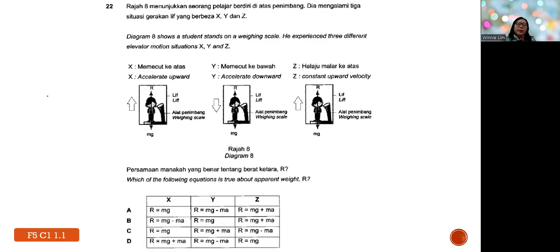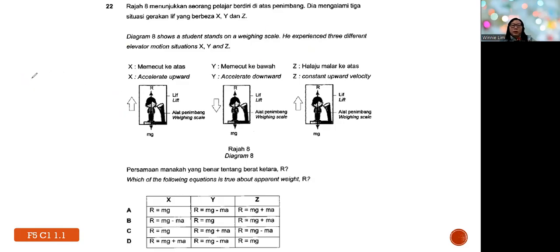Okay, next one, diagram 8 shows a student standing on a weighing scale. He experiences 3 different elevator motion situations, X, Y, and Z. Which of the following equations is true about the apparent weight R? In this context, the apparent weight R is also the reading of the weighing scale.